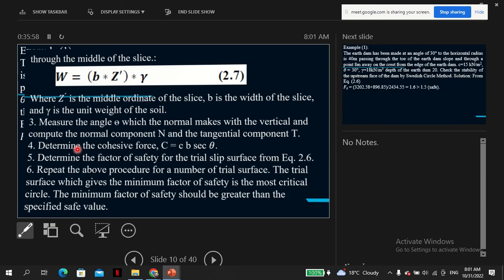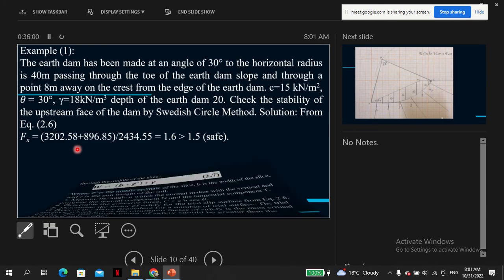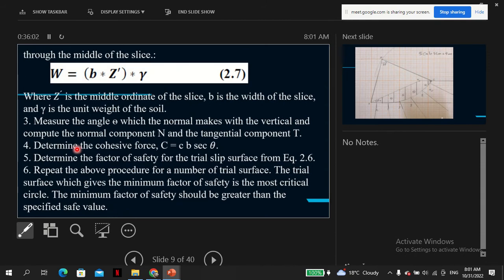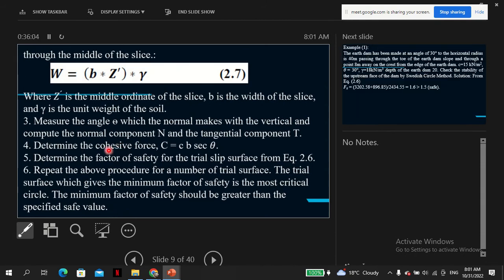Should be clear. It's written here in a funny way, but that's the point. Measure the angle theta which the normal makes with the vertical and compute the normal. And then determine the cohesive force CB as secant theta.